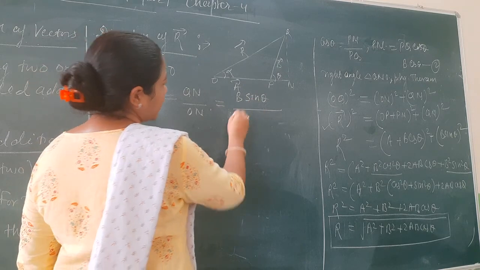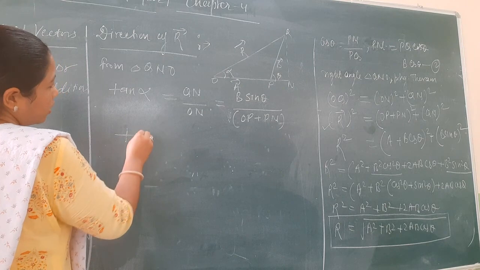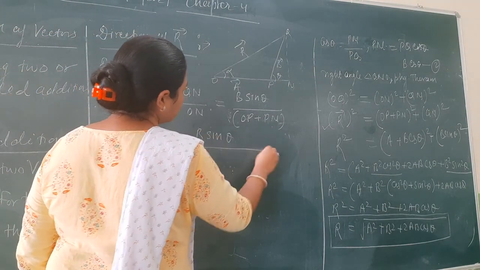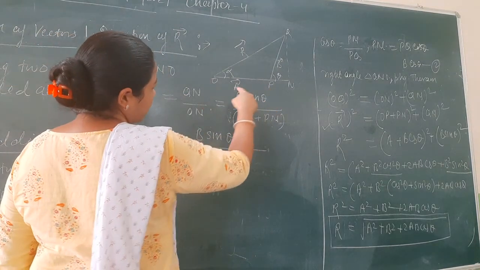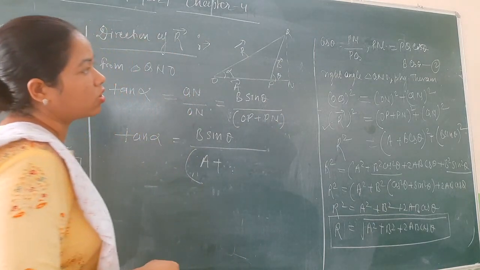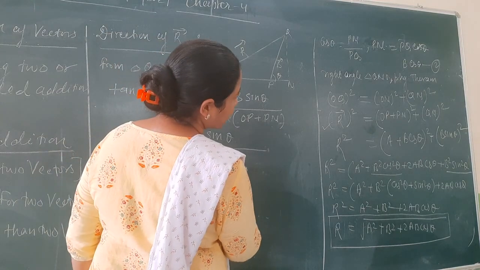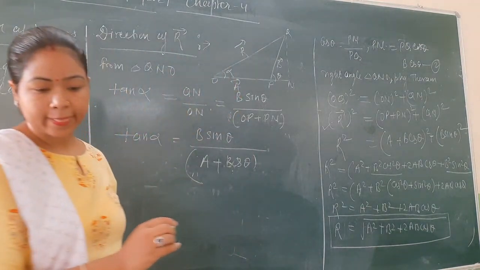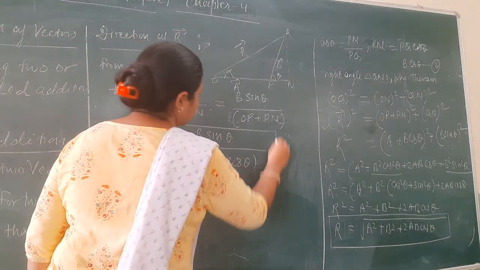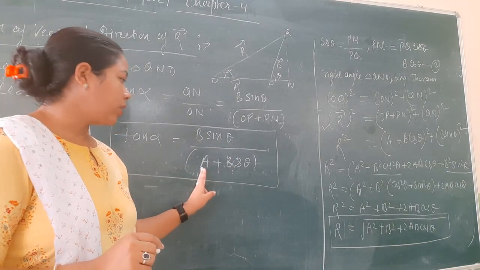That can be written as OP plus PN, where we have the value of the PN, that is B cos theta. Right? So we have the formula to calculate the direction: tan alpha equals B sin theta upon A plus B cos theta.